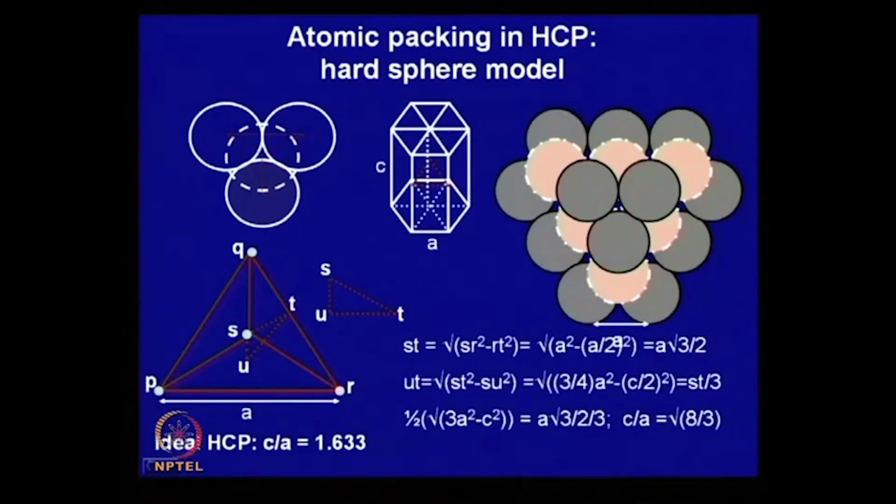And here let us see, suppose you have one layer of atoms, on that you put another close packed layer. So, obviously, the distance between the two layers will have a direct relationship with the atomic diameter.